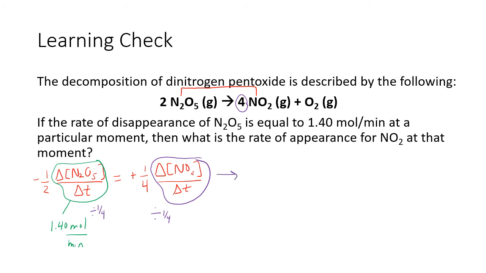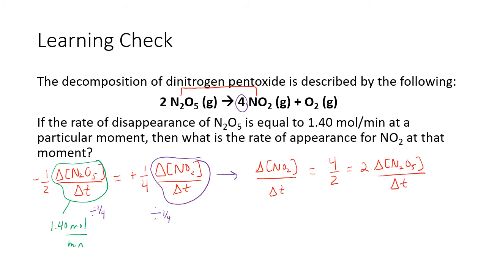and that gives us the rate of appearance of NO2 is equal to 4/2, or 2 when we divide, times the concentration of dinitrogen pentoxide divided by the change in time.